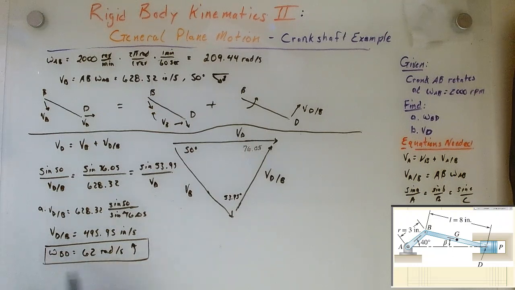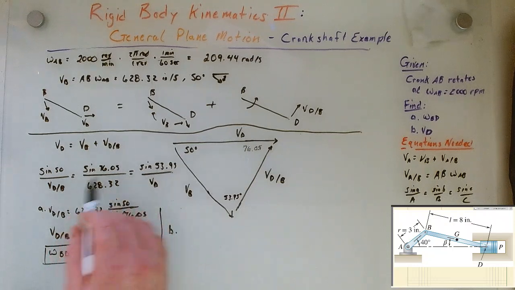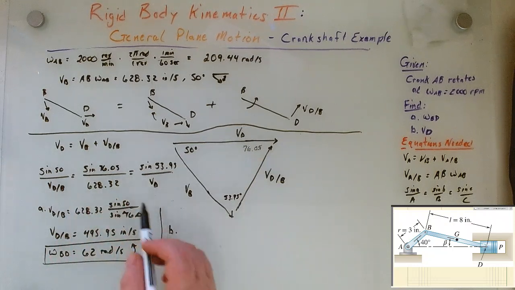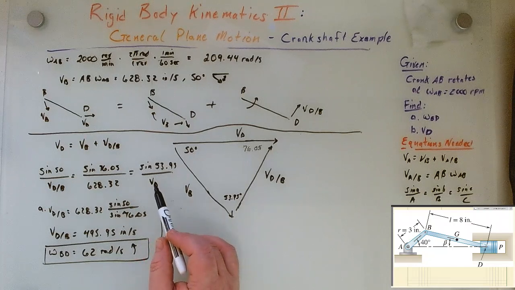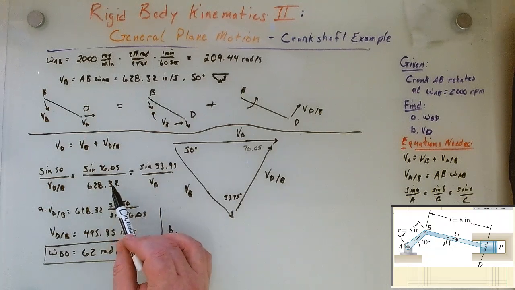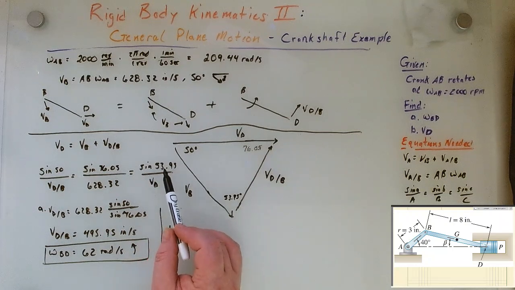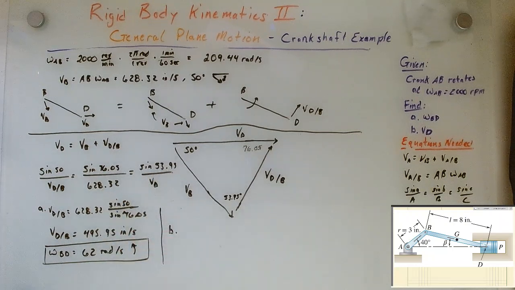All right, part B, similar idea, we're just using the law of sines. VD is equal to 628.32 times the sine of 53.95 divided by the sine of 76.05. So I'll just calculate that real quick. 628.32 times the sine of 53.95 divided by the sine of 76.05.